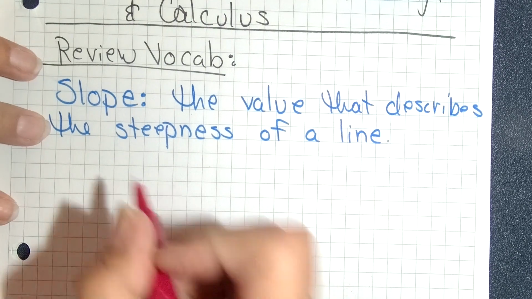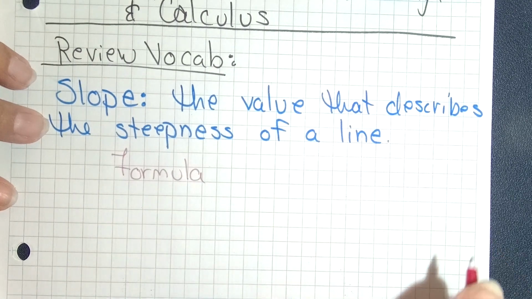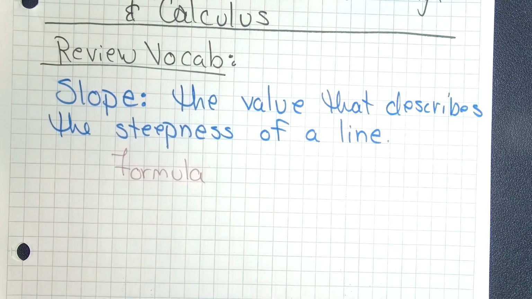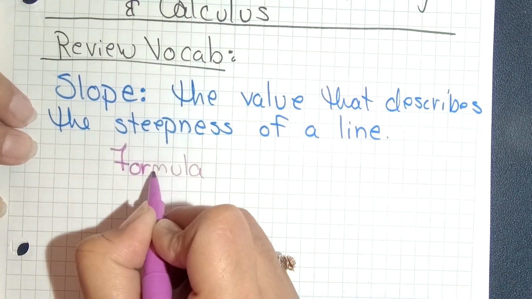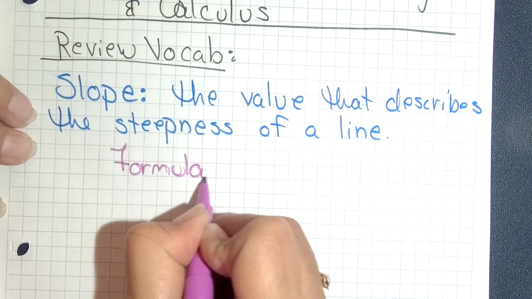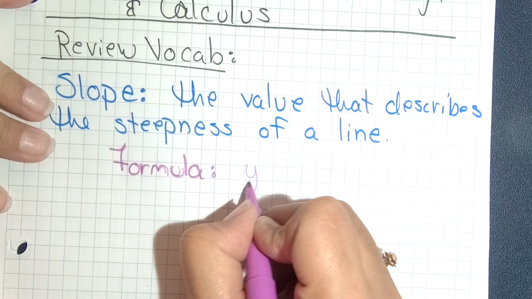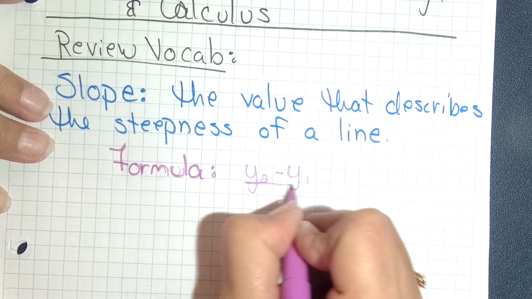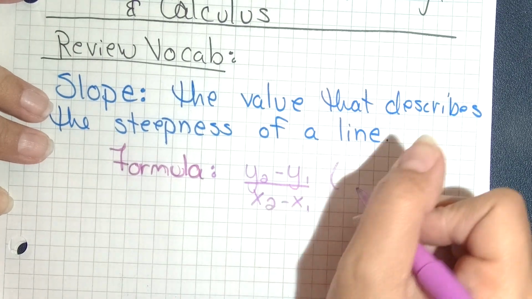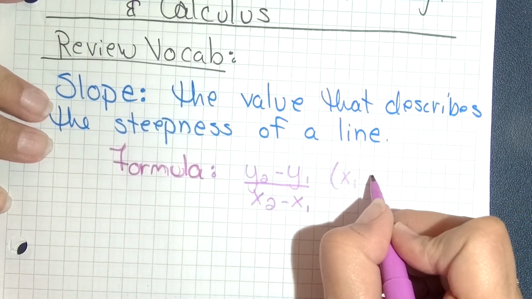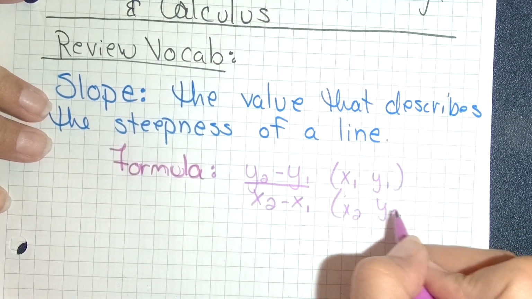The formula for slope is y2 minus y1 over x2 minus x1 when you're given the points, x1, y1, x2, y2.